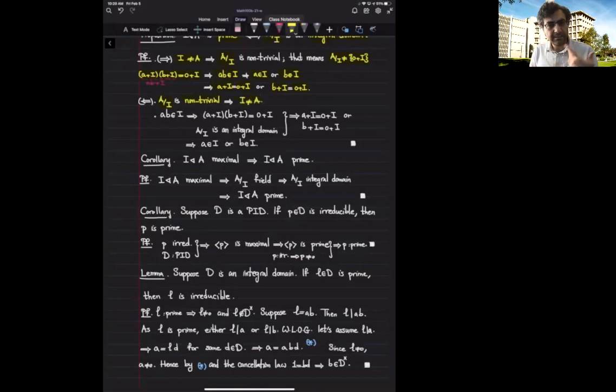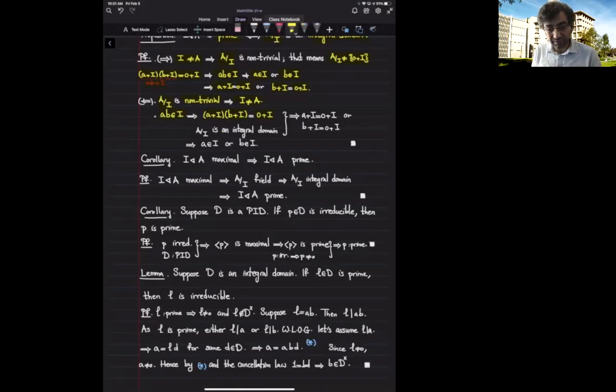So far, so good. Now let's focus on the more interesting part of being a prime ideal, meaning if the product of two elements belongs to I, I need to show either A is inside I or B is inside I. Knowing that AB belongs to I, we deduce that A plus I times B plus I is the same as the coset represented by zero, the zero coset in the quotient ring.